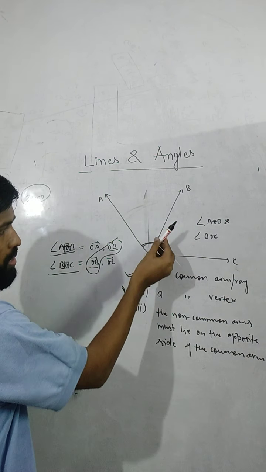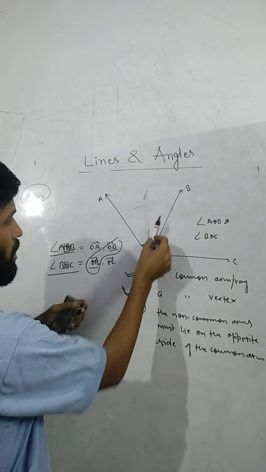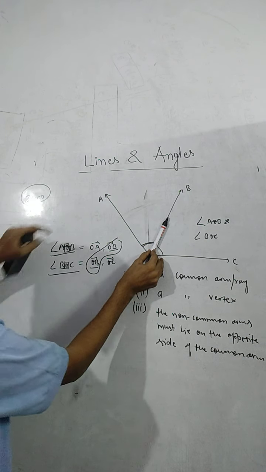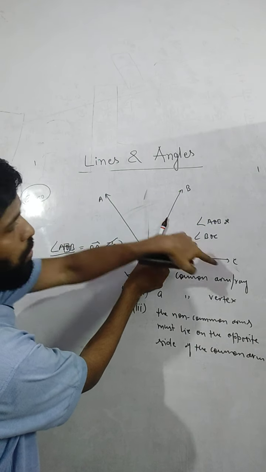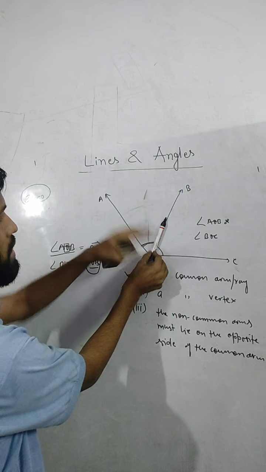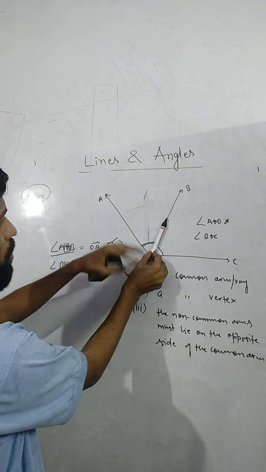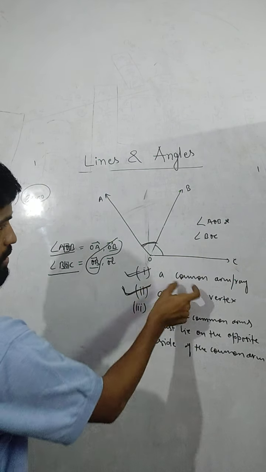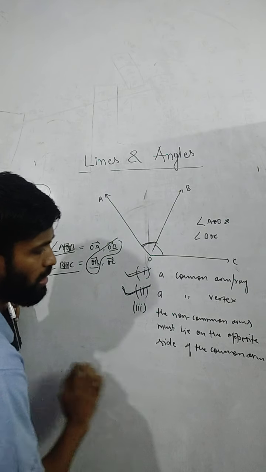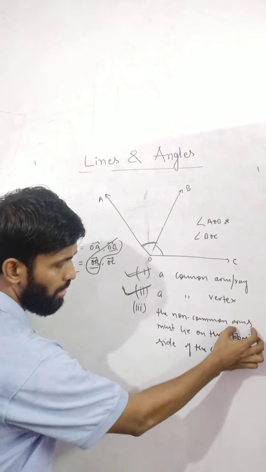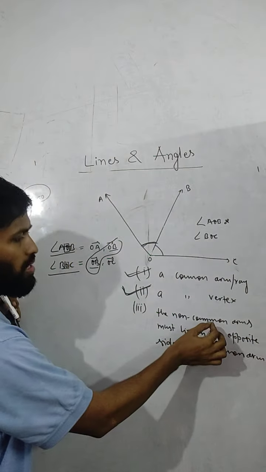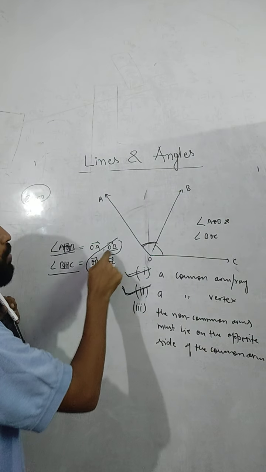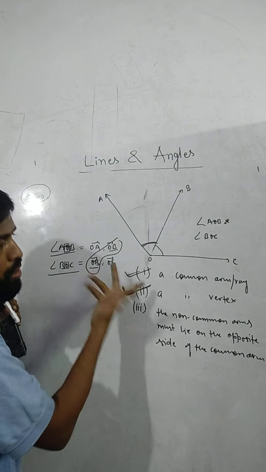If OB is the common arm, according to this question, then the non-common arms OA and OC are on the opposite sides of this common arm. Is that clear? It has a common arm, common vertex. Third condition, the non-common arms. First of all, you need to identify what the non-common arms are. If OB is common, then OA and OC are non-common.